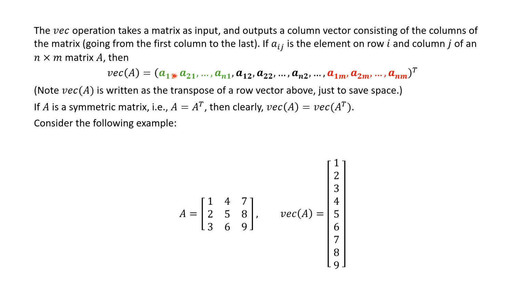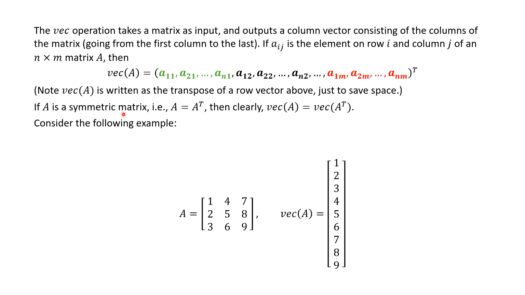So you take the first column from A and the second all the way down to the nth column of A. And as I say, this would be going in this direction here. So I created it as a transpose. You'll see when I give you an example exactly what I mean.